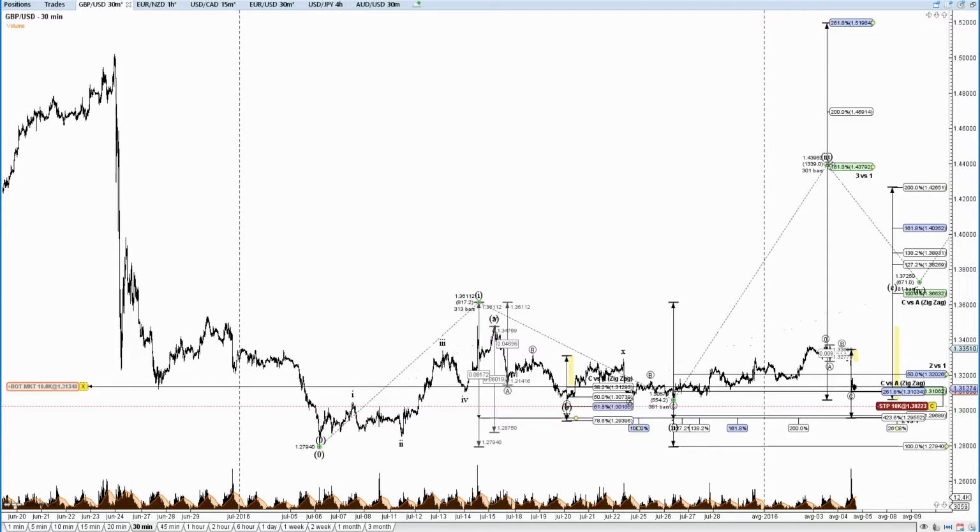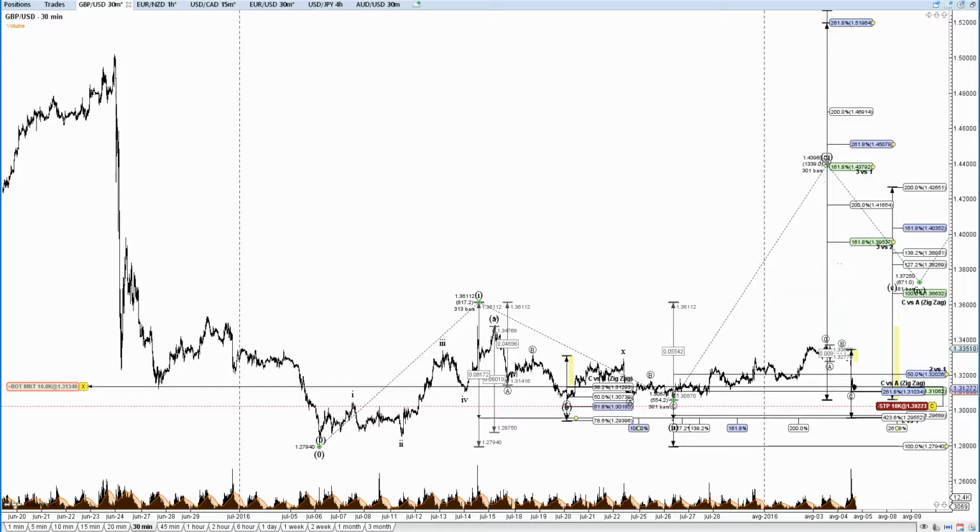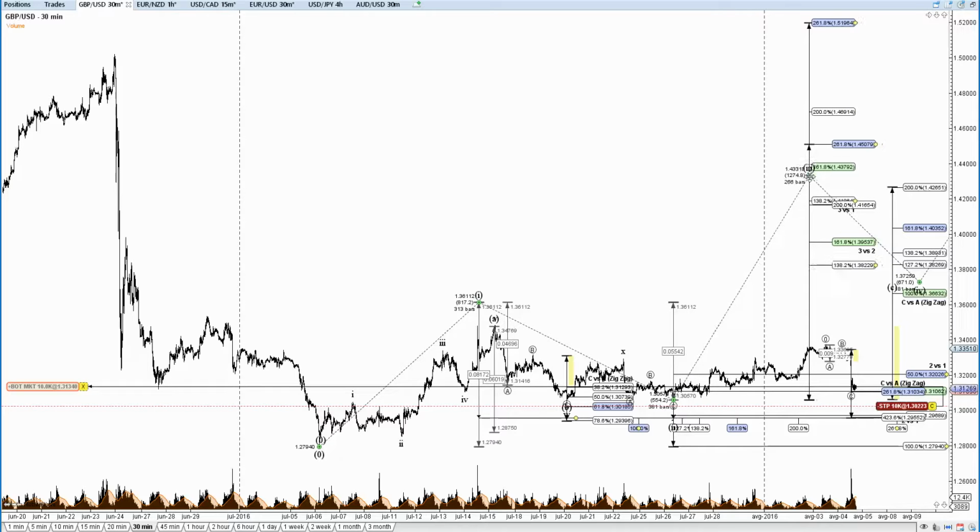If we go, for example, and see the ratio of 3 versus 2, 161.8, if we compare the third versus second wave, it's 1.3900.